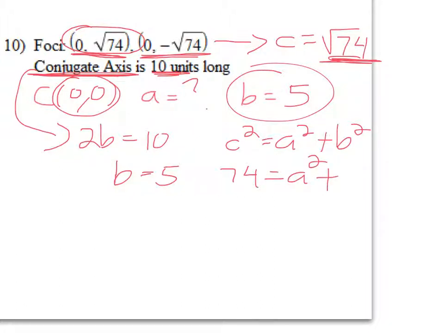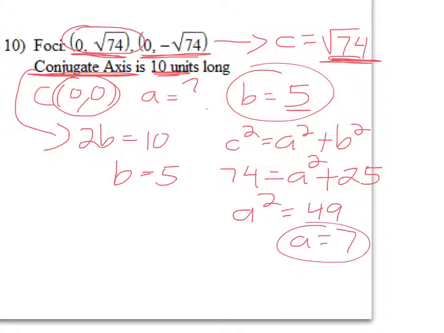And if B is 5, then B squared is 25. And then if we subtract 25 from both sides, we're going to have A squared equals 49, and then take the square root, so we get A to equal 7. So then we have everything, so I'm just going to put 7 in here. I have A, I have B, and I have the center.